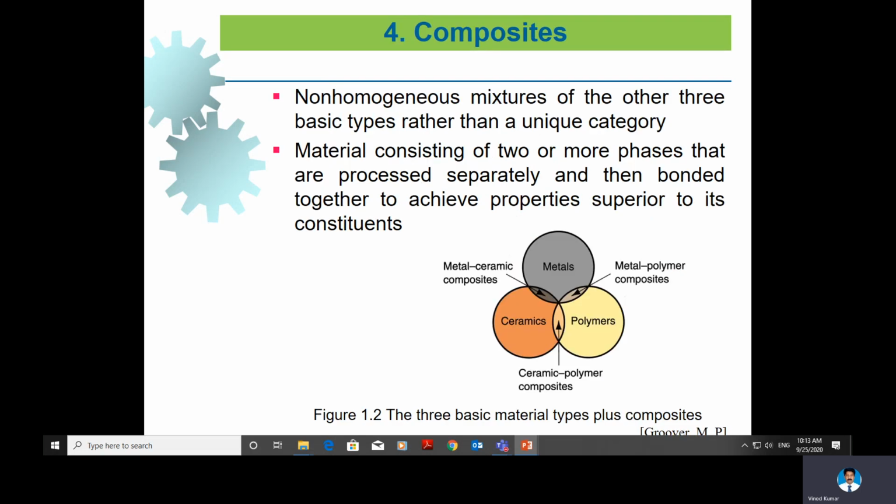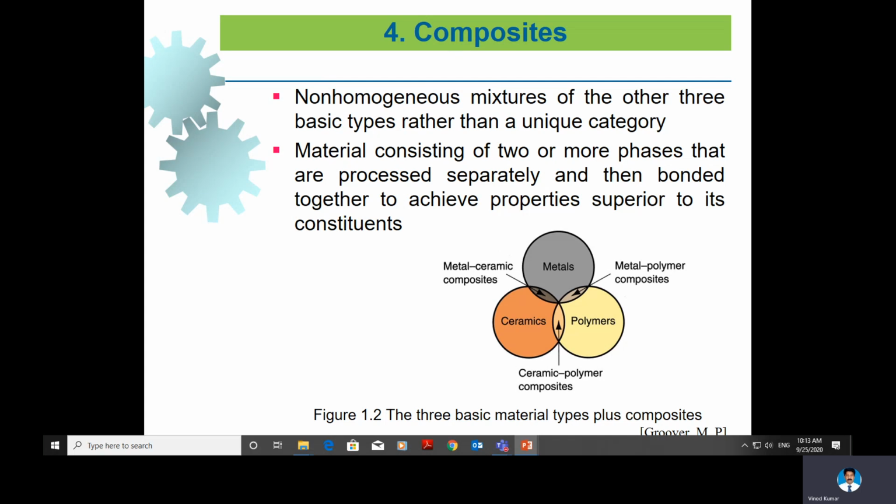Now, composites. Nowadays, material science is mainly focused on composites, because a composite material is a combination of a metal, a ceramic, or a polymer. The advantage is that we can improve the strength-to-weight ratio. Strength is more and weight is less.